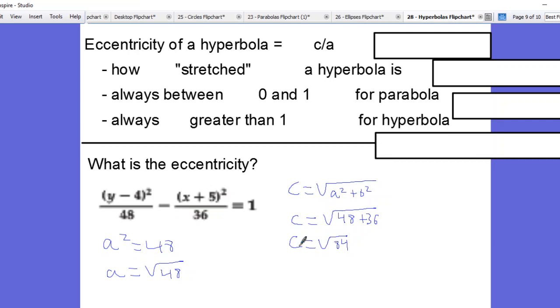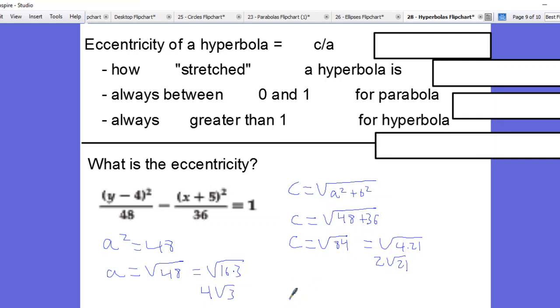The square root of 84 is the square root of 4 times 21, which is 2 root 21. And 48 would be 16 times 3, so the square root of 16 times 3. Square root of 16 is 4, so this would be 4 root 3.